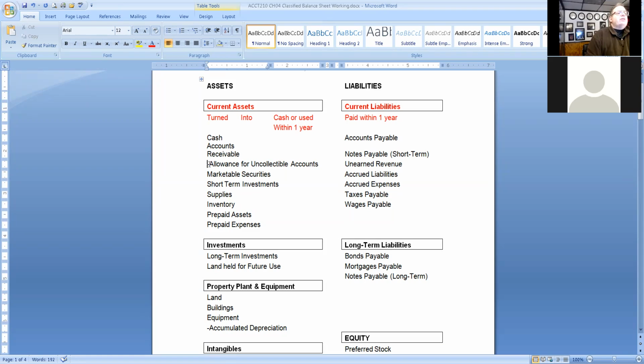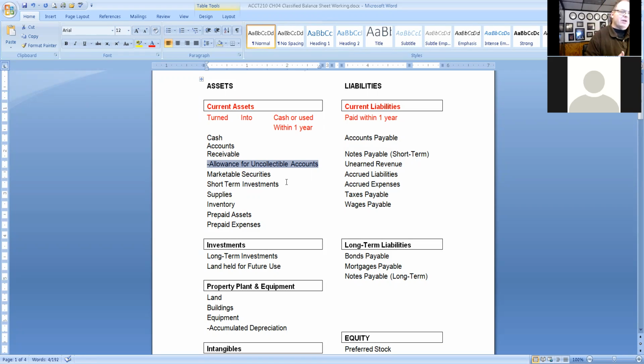Allowance for doubtful accounts, we haven't talked about this, and I think we get to it later on. Allowance for doubtful accounts means we don't expect to collect all the accounts. Right now, we kind of assume all the accounts receivable will be collected. However, if you have a large number of accounts receivable, that isn't always the case. 1, 2, whatever percent don't get collected, for any number of reasons.